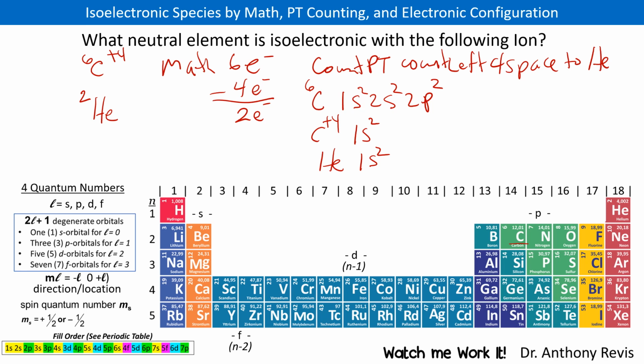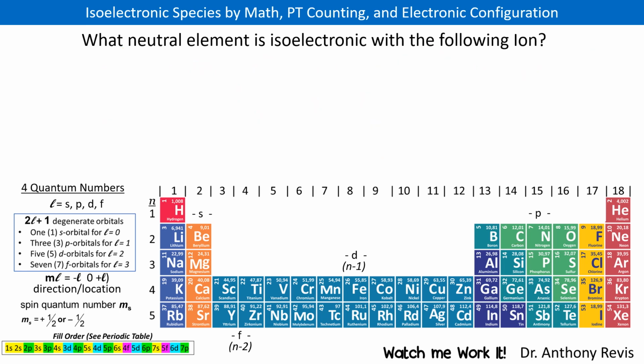It is not the same as helium because helium has 2 protons, and carbon has 6 protons. Okay. Let's do one more. Let's do phosphorus -2. Phosphorus doesn't like to be a -2, by the way, but I'm forcing it to do that for educational purposes, so I can teach this lesson.